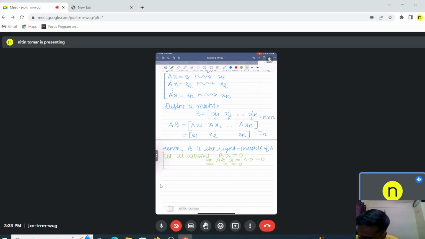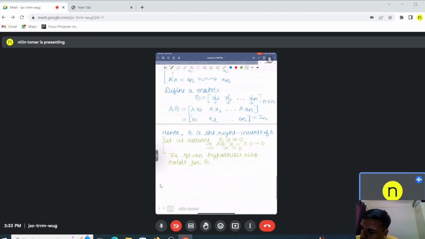The given hypothesis also holds for B. So when it was holding for A, what was the conclusion? That A has a right inverse, correct?